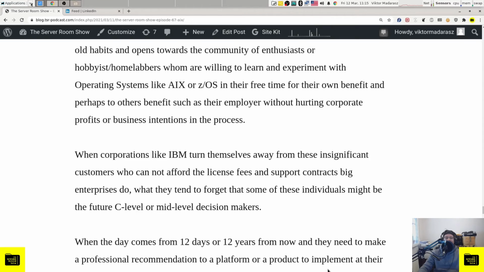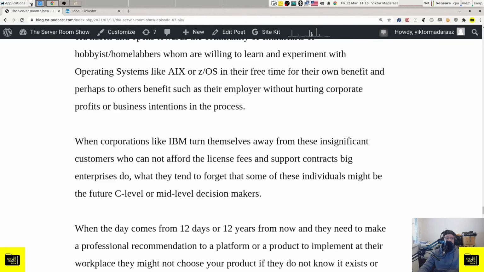I don't think that companies like IBM or HP would lose any margin of profits because of a guy from the basement running AIX on a virtual machine or on an old IBM Power server.